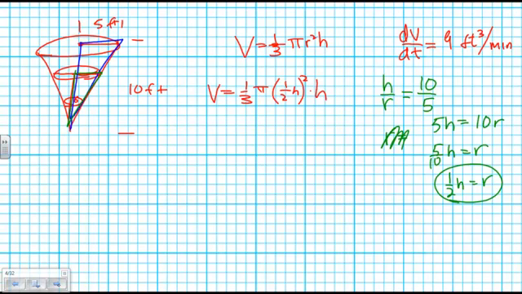More than wise. Let me do a little bit of cleanup here. Volume is equal to 1/3 pi h squared over 4 times h, or volume is equal to pi over 12 h cubed.